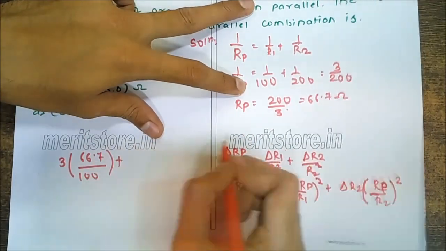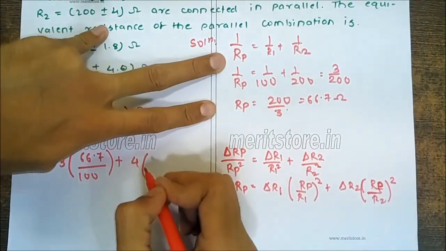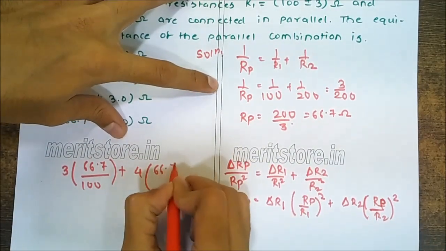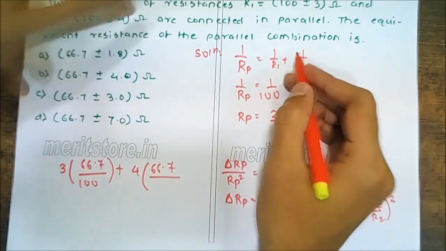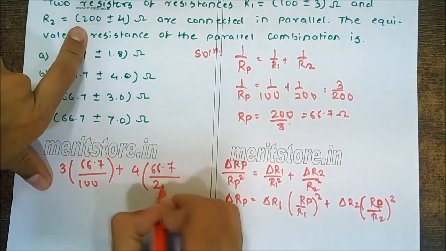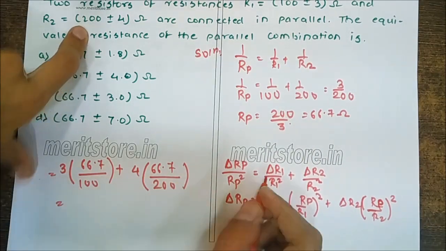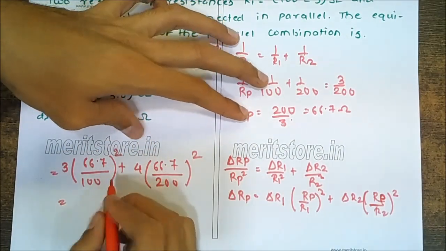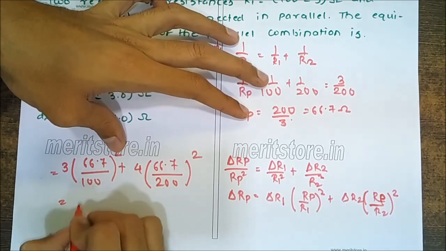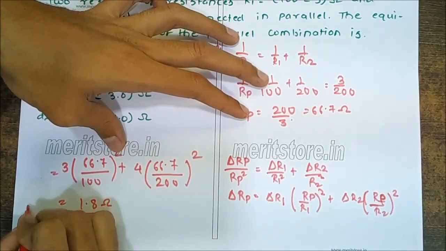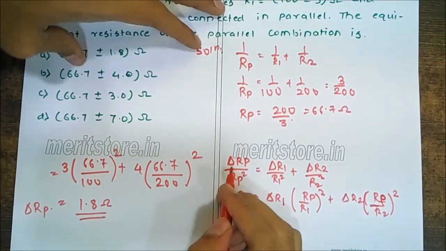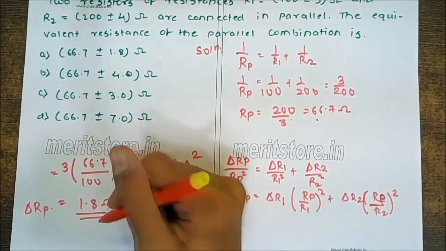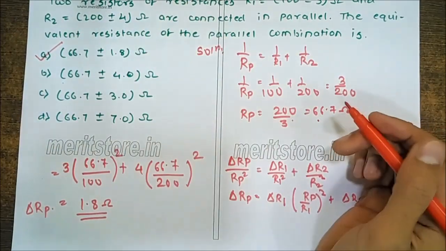Plus delta R2, that is 4, into 66.7 upon R2, which is 200. We square them and solve entirely, and we get a value of 1.8 ohms, that is delta Rp. So the parallel combination resistance is 66.7 plus or minus 1.8 ohms. A is the correct option.